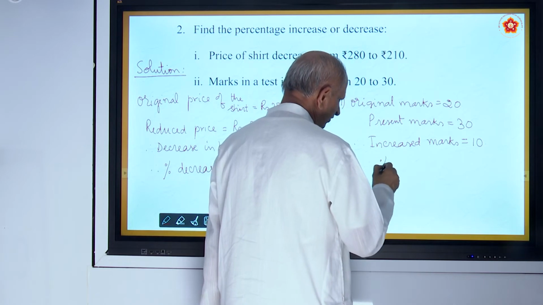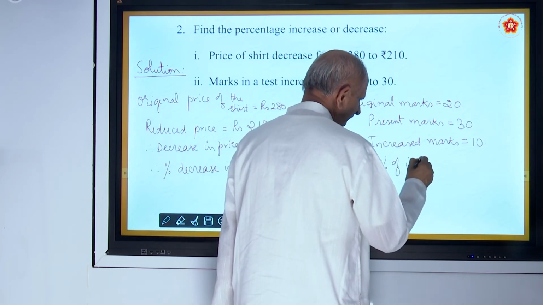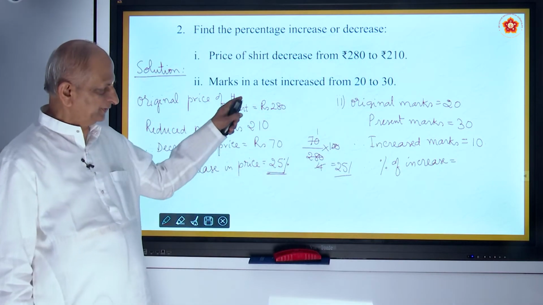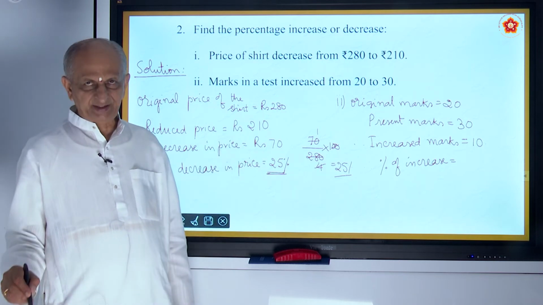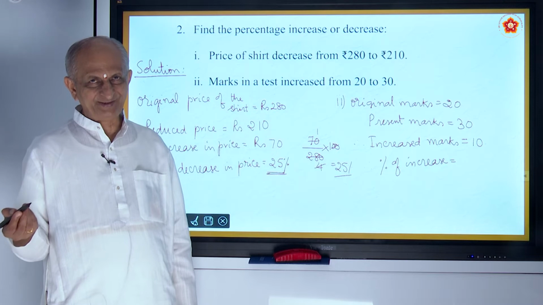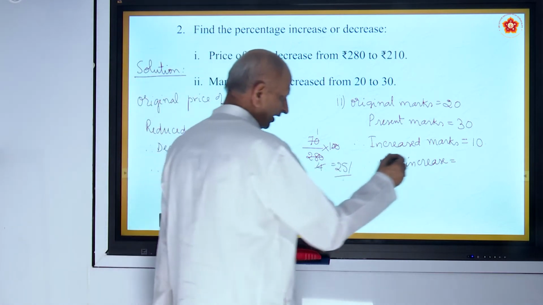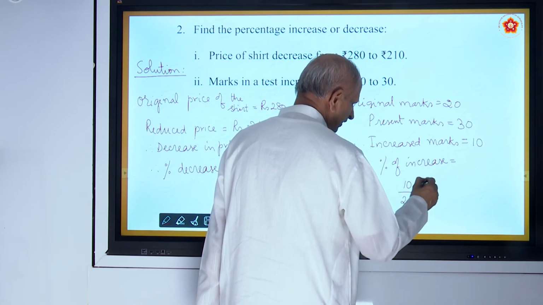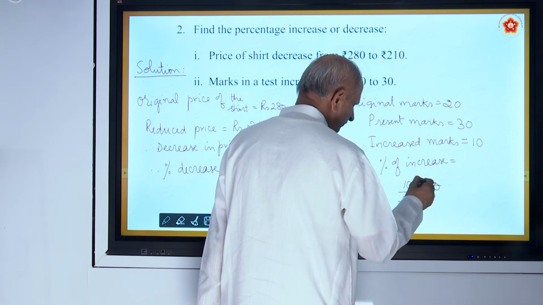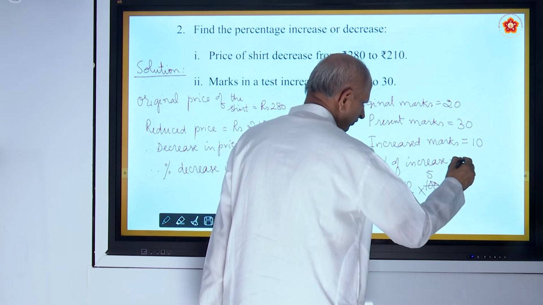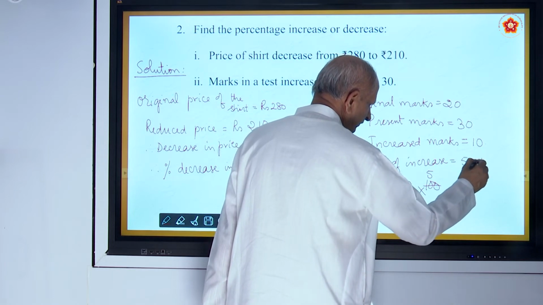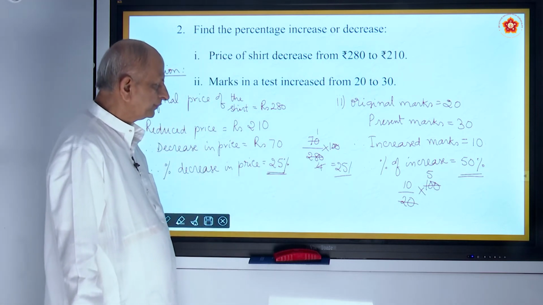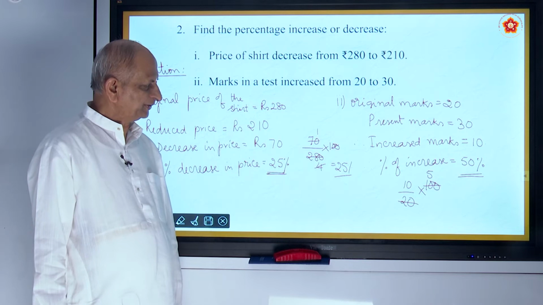Therefore percentage of increase. Are you following? Note down this. So it was 20, it became 30. How much increase? 10 increase. 10 increase for how much? For 20. And for 100 how much? 10 times 100 by 20, that is 50. So you have a 50% increase. So that is the increase there.